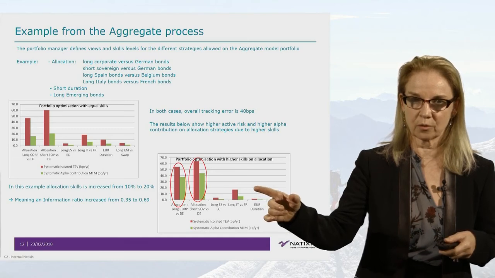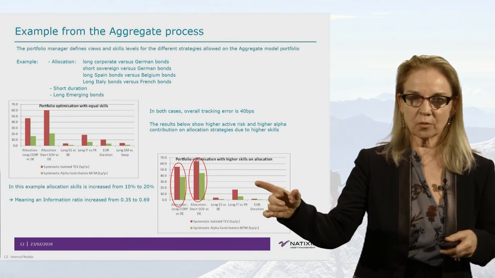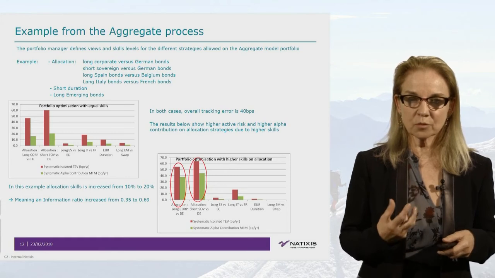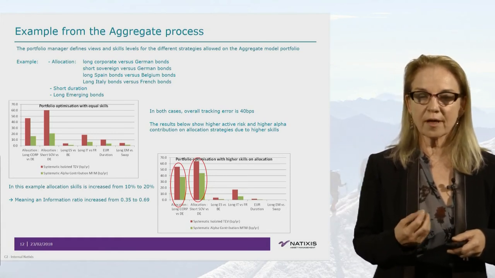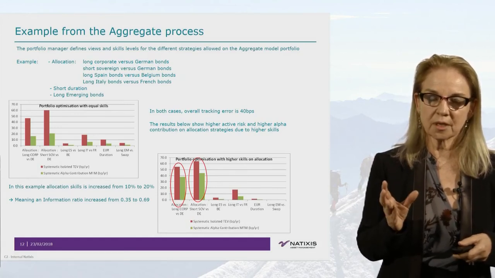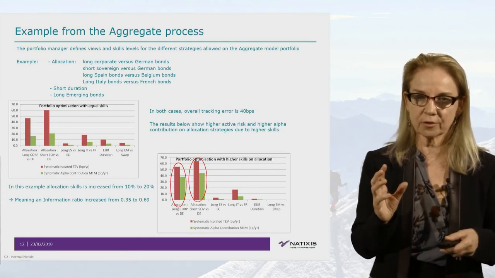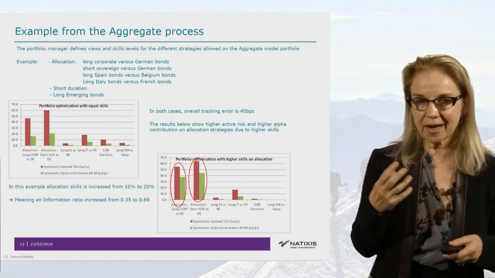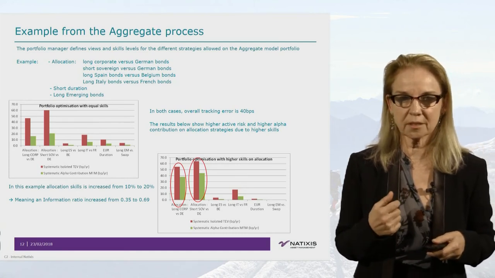We suppose that the portfolio manager is better for the allocation strategies than for the other ones. So the optimization of the portfolio is different, because the optimizer gives more weight, more risk on the strategies for which you have a better skill. In both cases, the overall tracking error is 30%. It shows that with the same level of risk, you can have very different portfolios with very different risk contributions and obviously different alpha contributions and different global alpha for the portfolio. It illustrates the way we do.